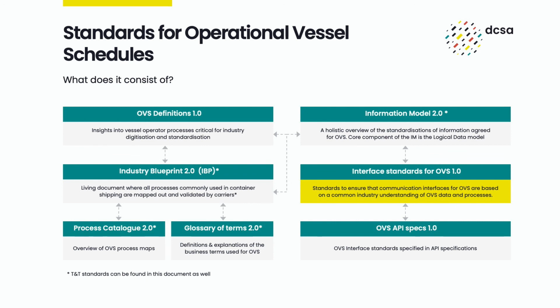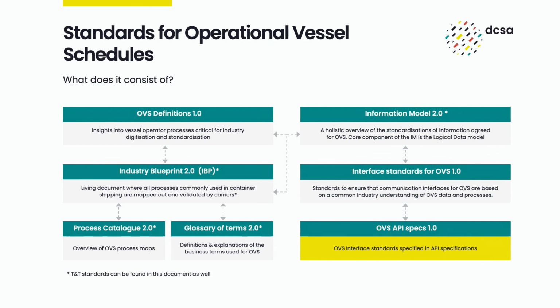This should ease the implementation of the interface standard using API technology, as well as secure compliancy. And finally, we have some guiding material on the API specifications on our GitHub page. The documents for operational vessel schedules can be found on our website under Initiatives.